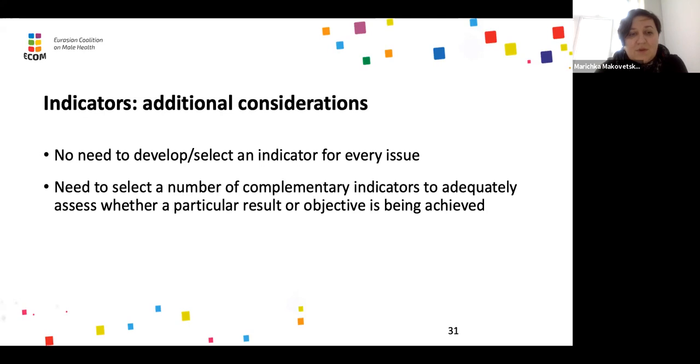Also, there is no need to select a number of complementary indicators. You should understand that there is a good number of indicators created by the Global Fund for programs. You may actually check them and take for yourself those indicators and use them.